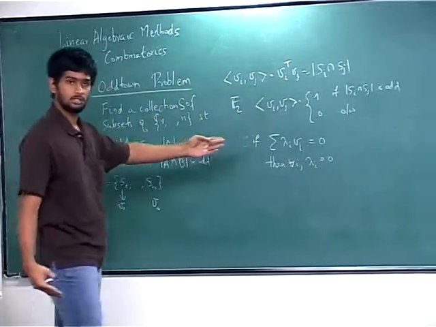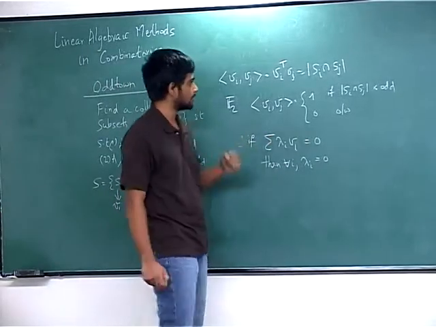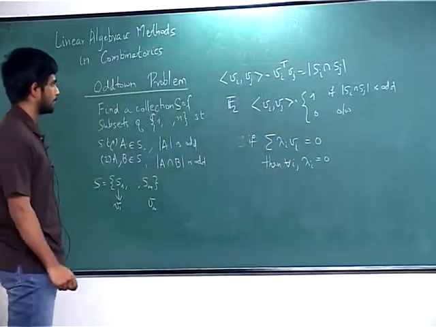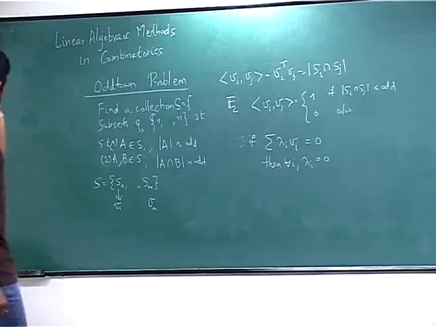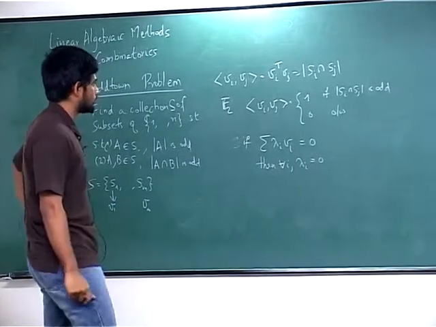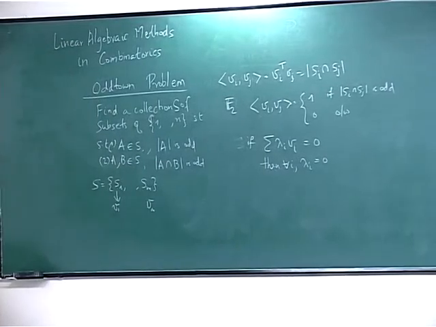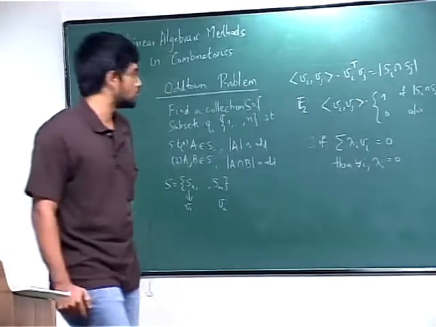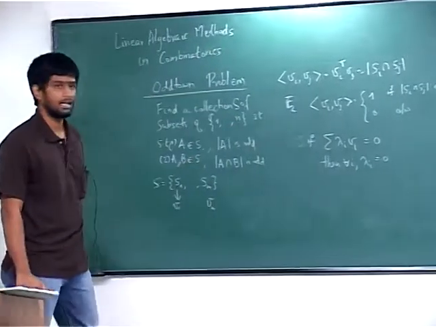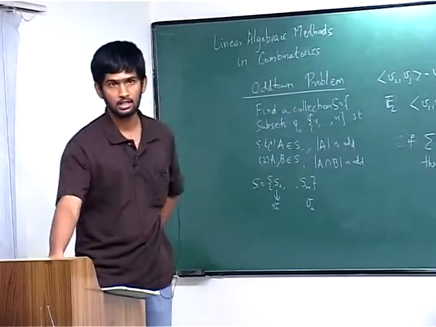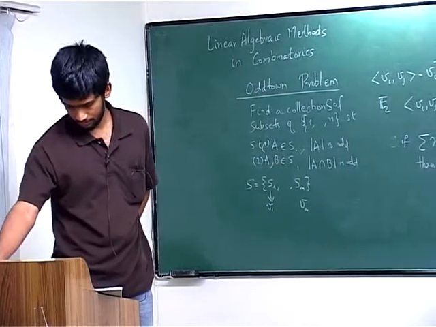So I want to show this. I want to show that these vectors are actually going to be linearly independent. That's what I want, isn't it?